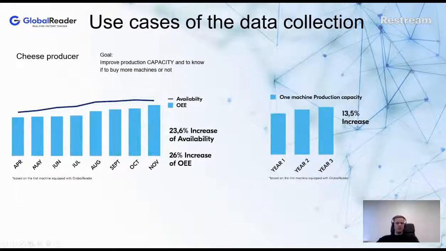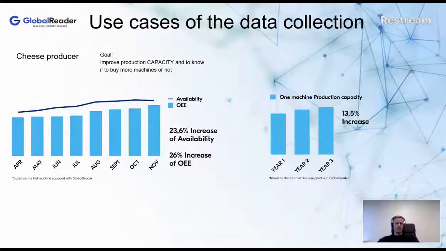So as for the third use case, I chose this dairy company, a cheese producer. Quite often there is a question if we have reached the maximum capacity of the machine, and if we need to buy some more equipment. Usually there is a lot of hidden production capacity.